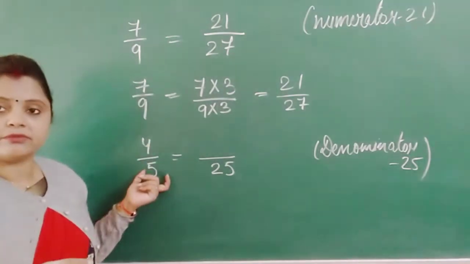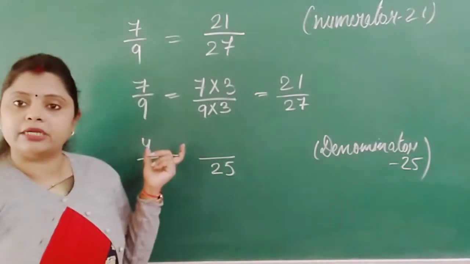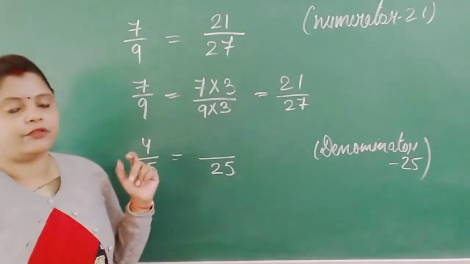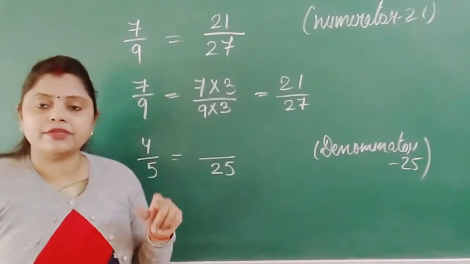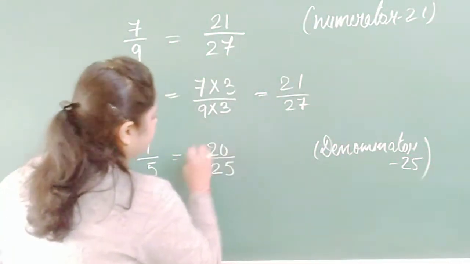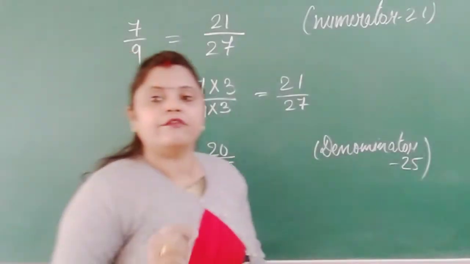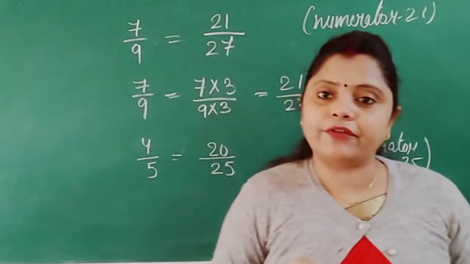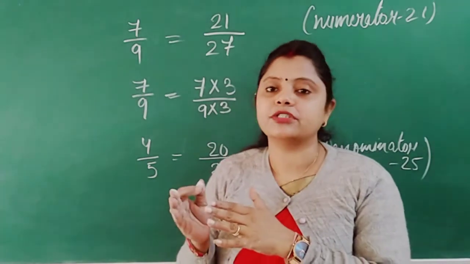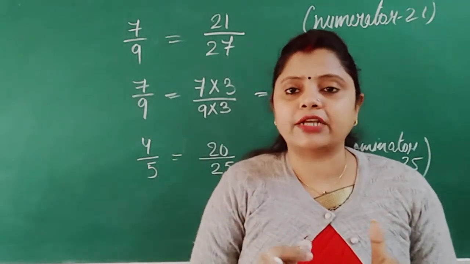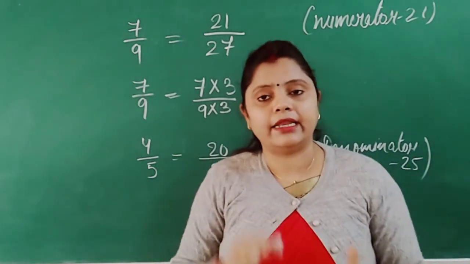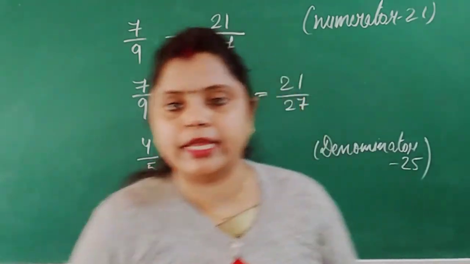If the denominator is multiplied by 5, we have to multiply the numerator also with 5. So 4 into 5 is 20. So in this way we can find out the equivalent fraction. If a particular fraction is given and another equivalent fraction is asked with a certain criteria, by multiplication we can do it.